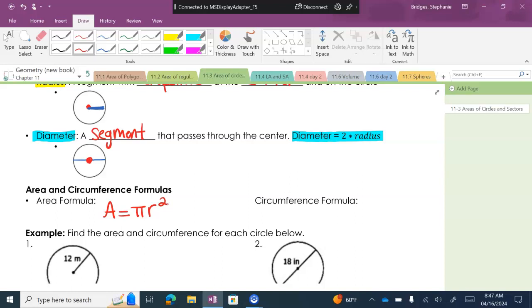And then the formula for circumference, there are technically 2 of them. It really depends on if you're given the length of the radius or the length of the diameter. If you have the radius, your formula would be 2 times pi times radius.